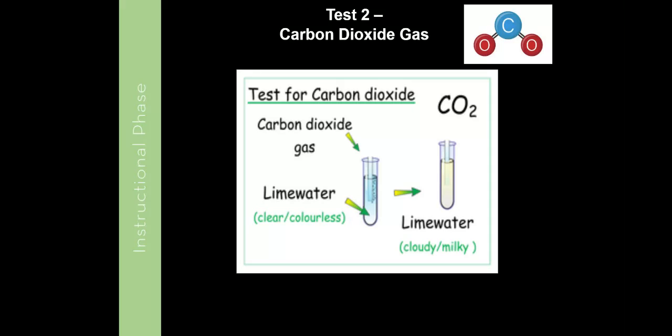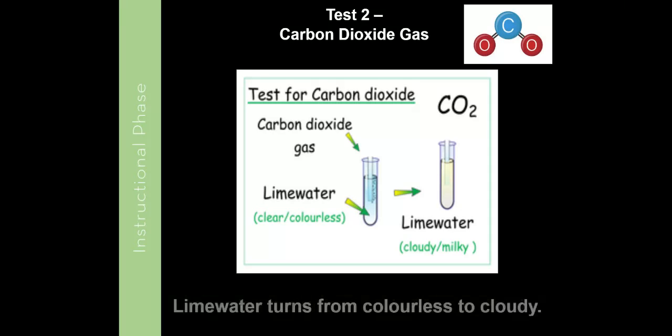Those bubbles are then bubbled through lime water. As the gas is bubbled through lime water, if it's carbon dioxide gas, the lime water should go from colourless to cloudy.